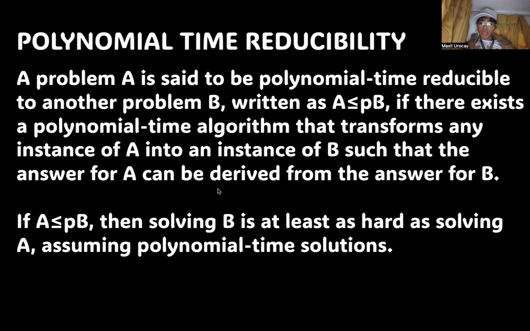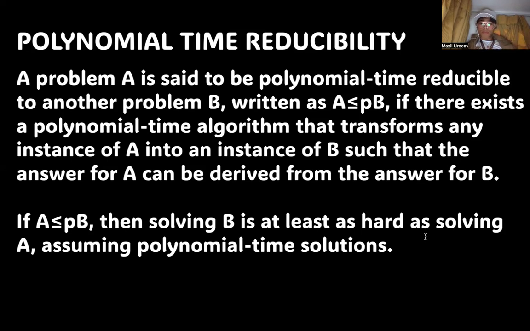So if A ≤p B, then solving B is at least as hard as solving A. This is a common notation in computational complexity theory, where A and B are decision problems or languages.